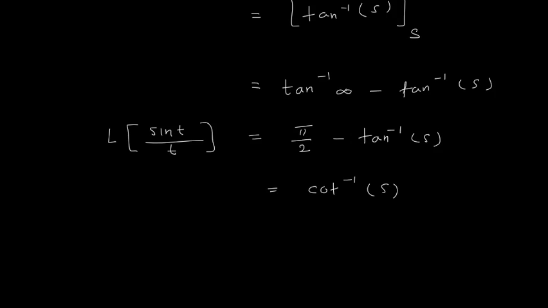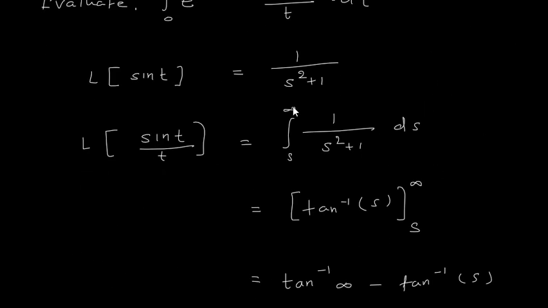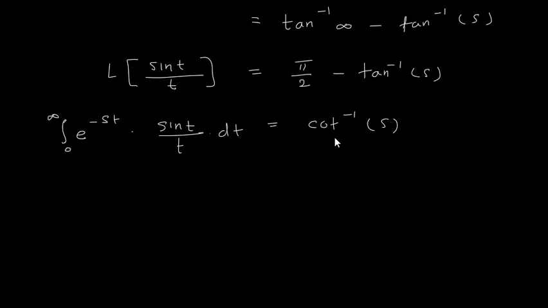And this Laplace of sin t upon t is integral 0 to infinity e raised to minus st into f of t, which in our case is sin t upon t, into dt. Now we have to find the value of the integral of e raised to minus t sin t upon t dt. So here in place of s I have to put 1.